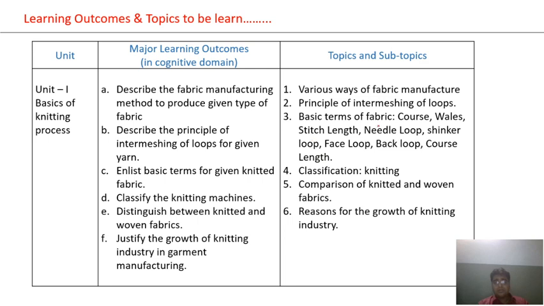Here we are going to learn the definitions and concepts of all the basic terminology used in the knitted fabric. Then classification of knitting, then comparison of knitted and woven fabric, and reasons for the growth of the knitting industry. So these are the various topics we are going to learn in our next lecture.